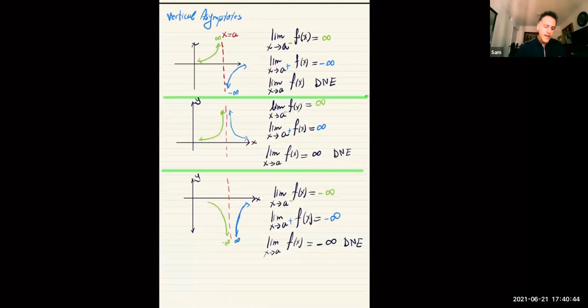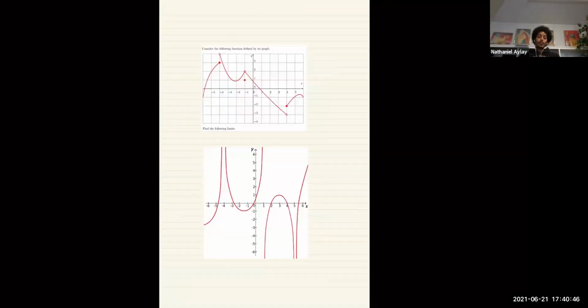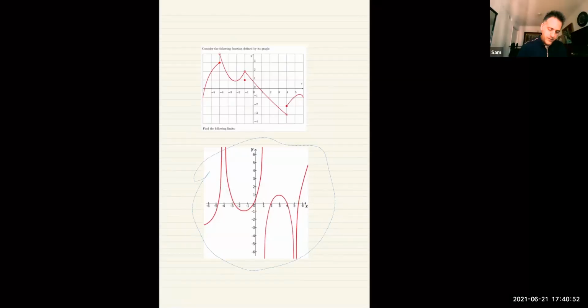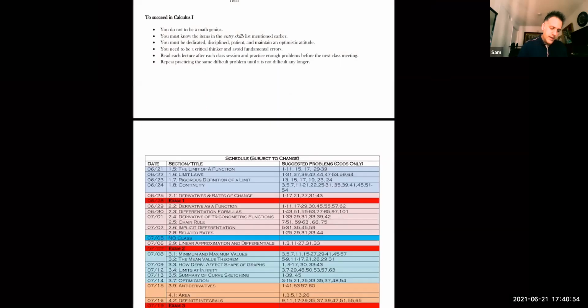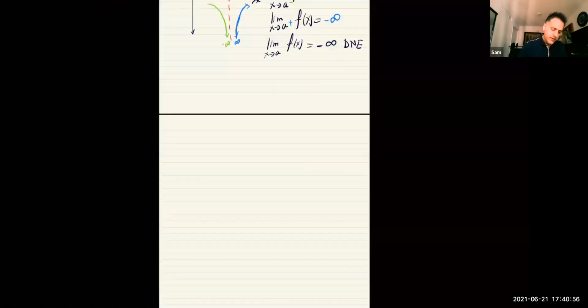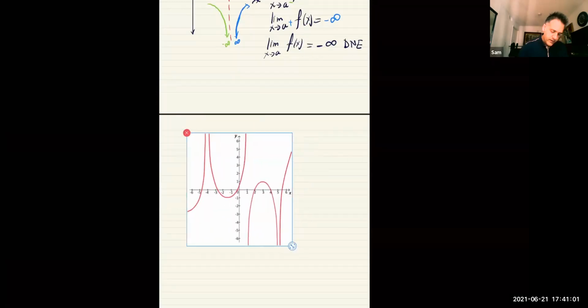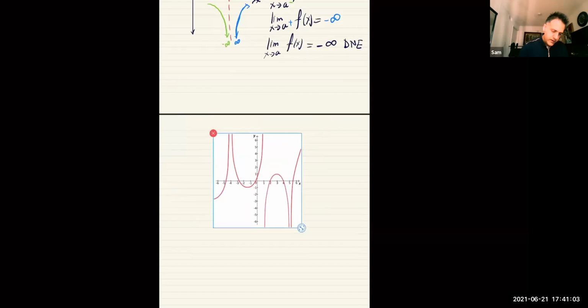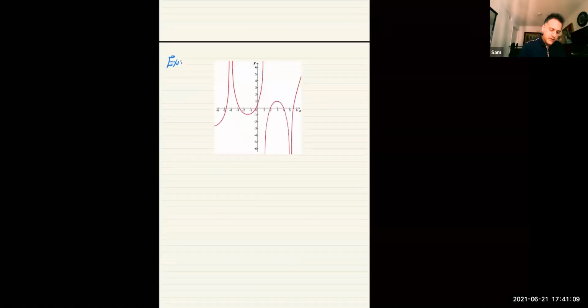Okay, so let's look at a different question here. Let me put that over here. Today was mostly about analyzing graphs, basically using limits.